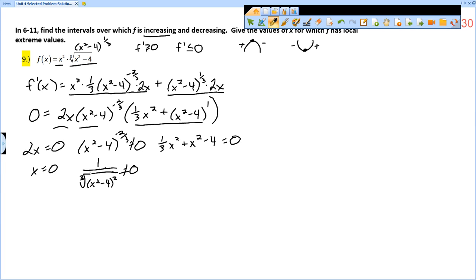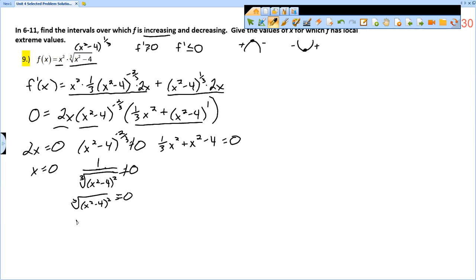But you could get that the derivative is undefined whenever this denominator equals 0. So if we set the denominator equal to 0, the cube root of (x squared minus 4) squared equals 0, this would make f prime undefined.